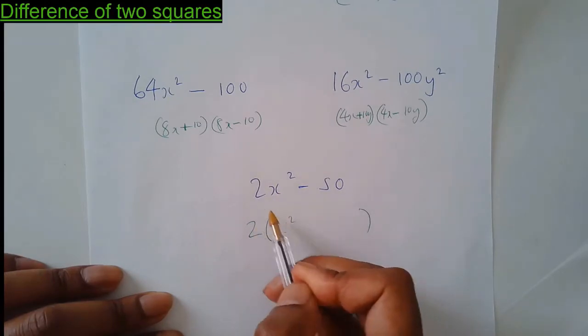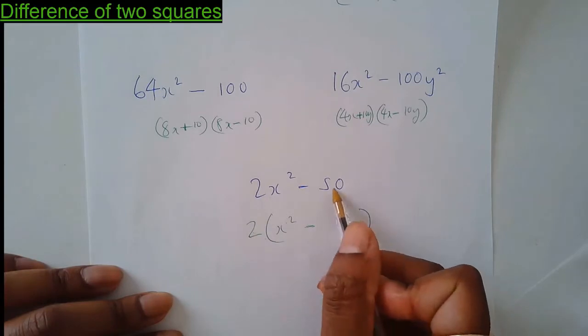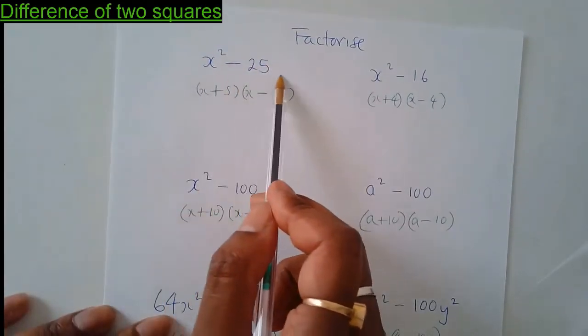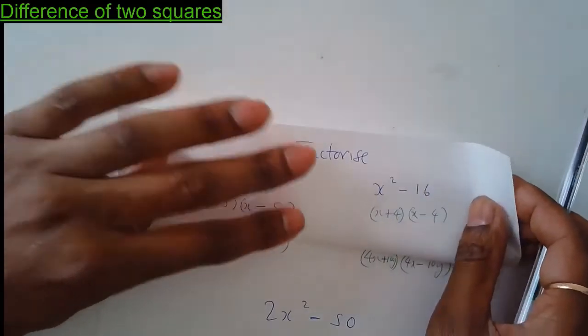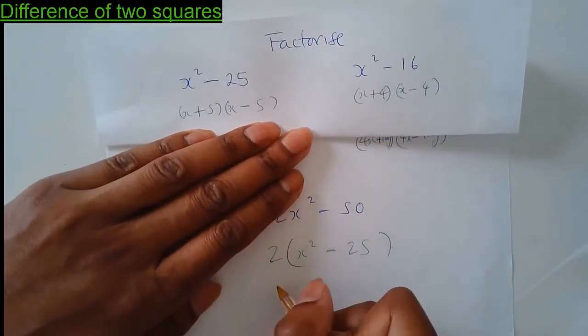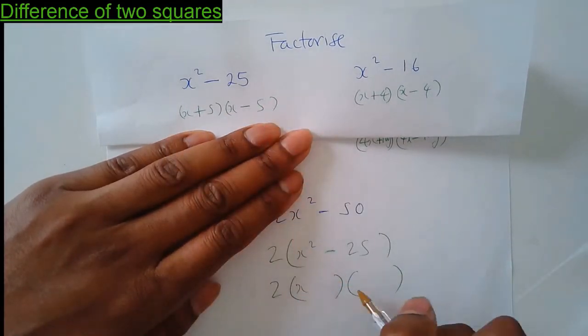That's 2 times x squared. 2 times something to give me 50. Now you can see this thing here is the same as what we got here. So just copy that. We're just factorizing difference between two squares.